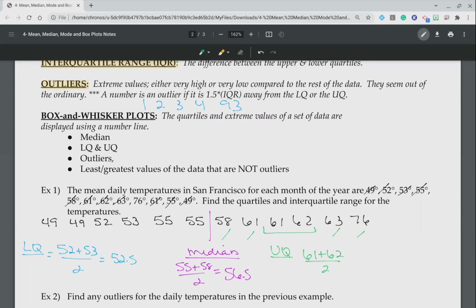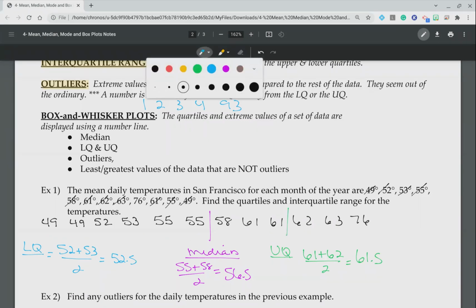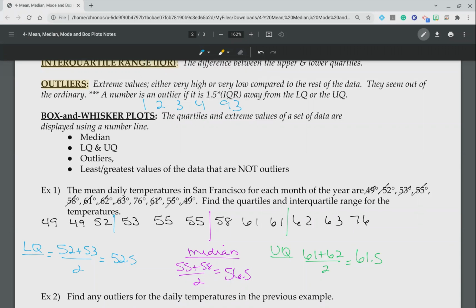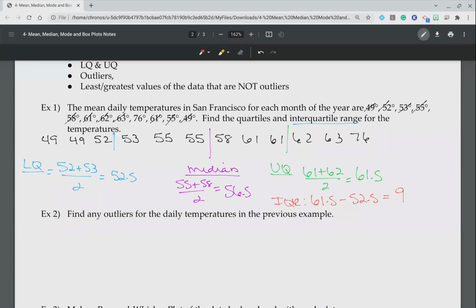I get two numbers, so I find the average, and I get 61.5. Okay, so there's my upper quartile. There's my lower quartile. Okay, so then the last thing we need to find is our inner quartile range. And remember, to find that, all I'm going to do is take my upper quartile and subtract my lower quartile. And I get 9. Okay, so remember we need this number here to find out if there's any outliers.